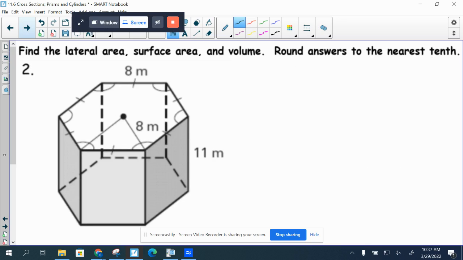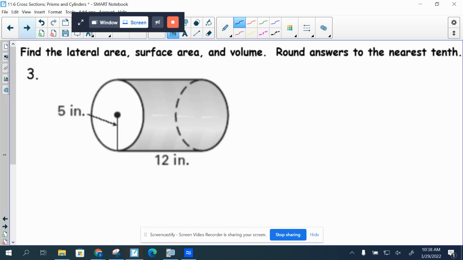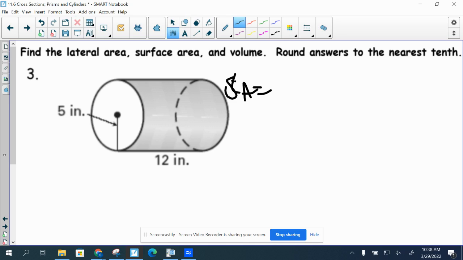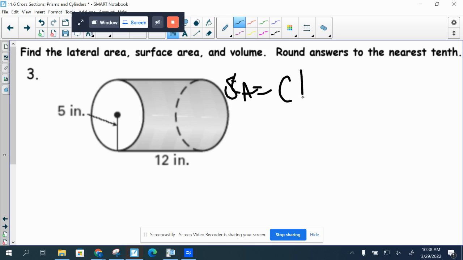Find the lateral area, surface area, and volume for this one. So I'm actually going to come back to this in a minute, because that one's harder. This one's easy. We just need to do surface area, which is lateral area, which is perimeter times height, or circumference times height, plus 2 base areas.